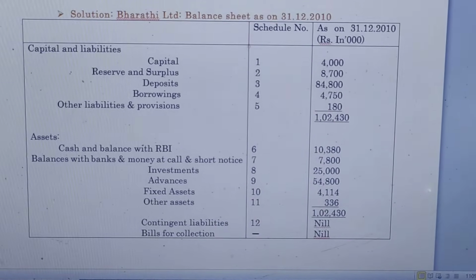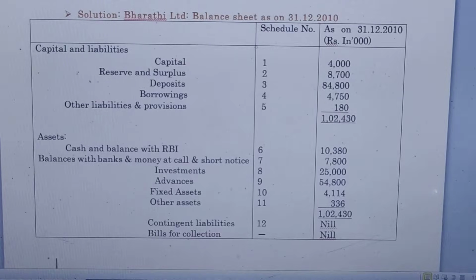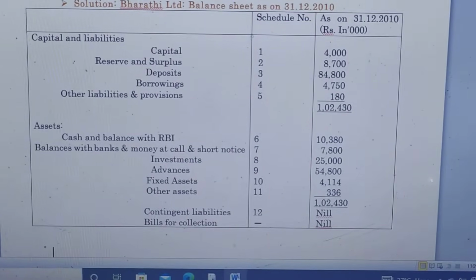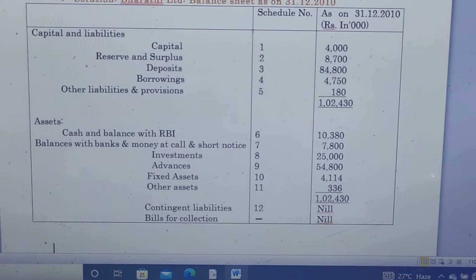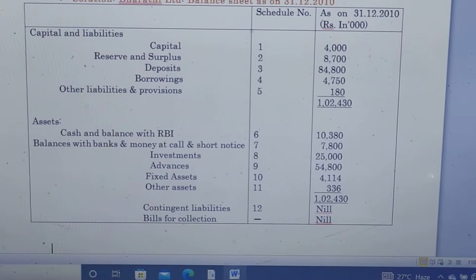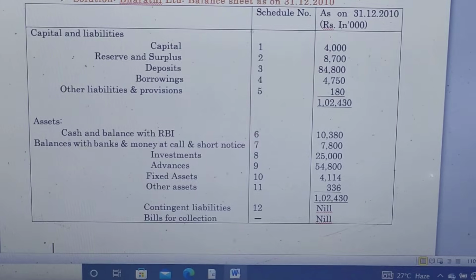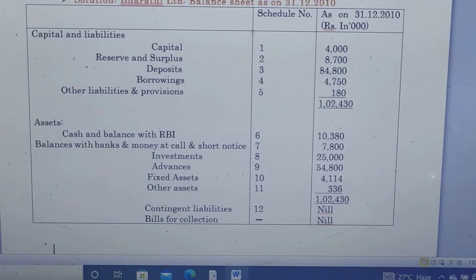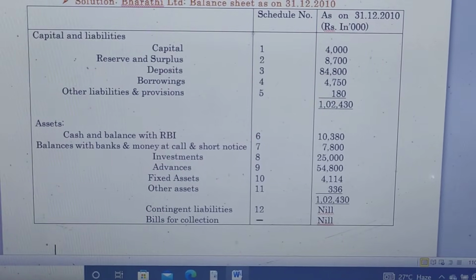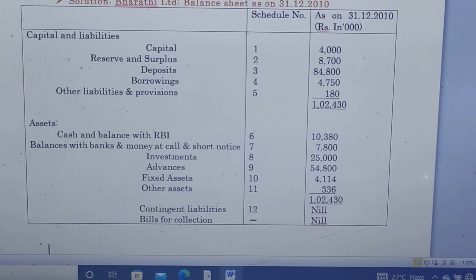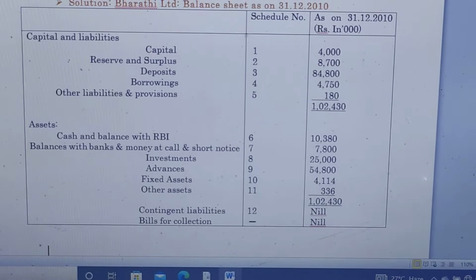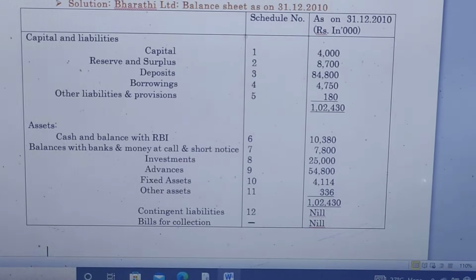Schedule number 12 heading is contingent liabilities. No amount is in question, and for bills for collection there is no schedule number, so we just put a hyphen. No amount is in question, so we mention nil for both categories. That's all.